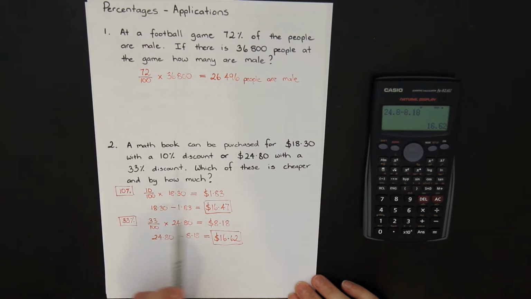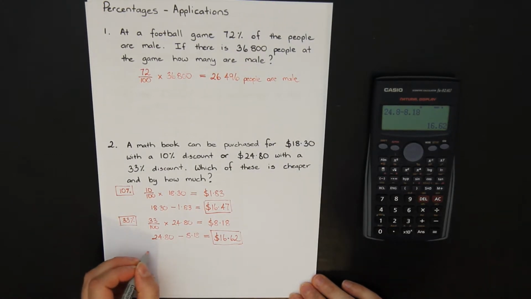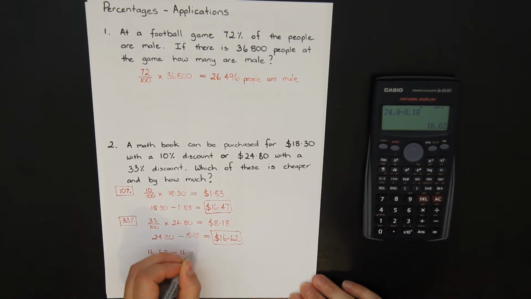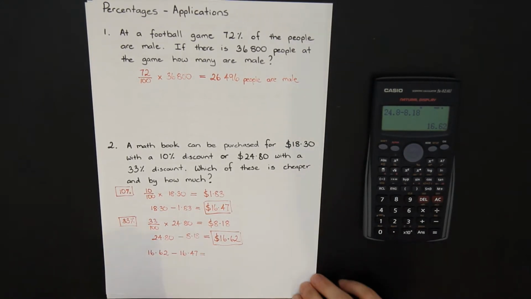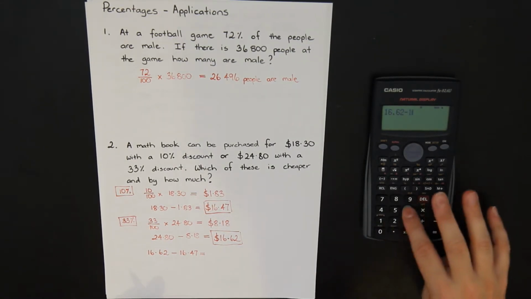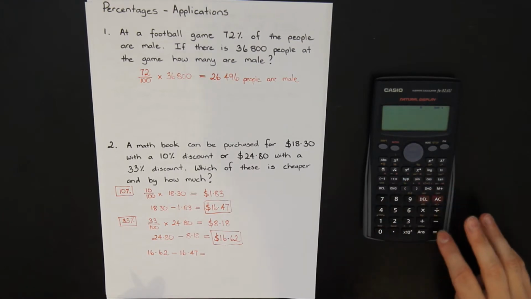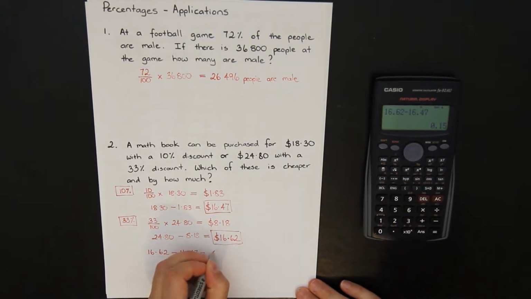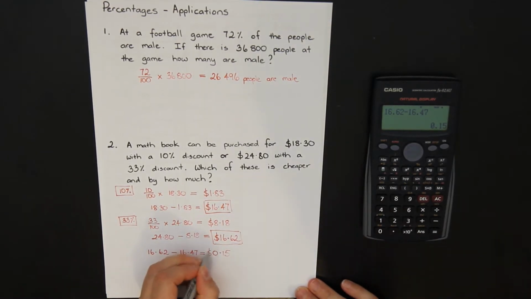Okay, so the question asks us which of these is cheaper and by how much. So to find how much cheaper, we would need to subtract them to see how much we're actually saving. So 16.62 was the higher amount, minus 16.47 equals 0.15 of a dollar, which is actually 15 cents.